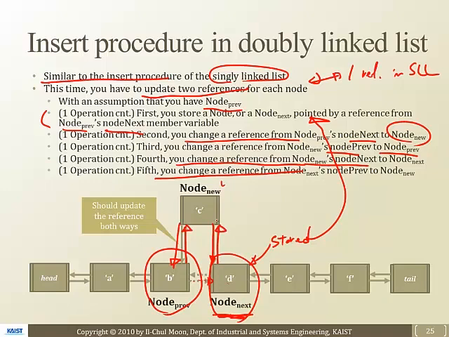Then you have this nice chain of going through this way as well as going through this way, right? So this is how you can do the insertion operation in a doubly linked list.